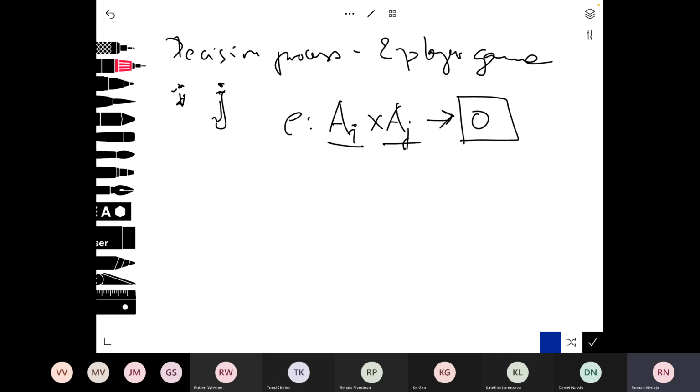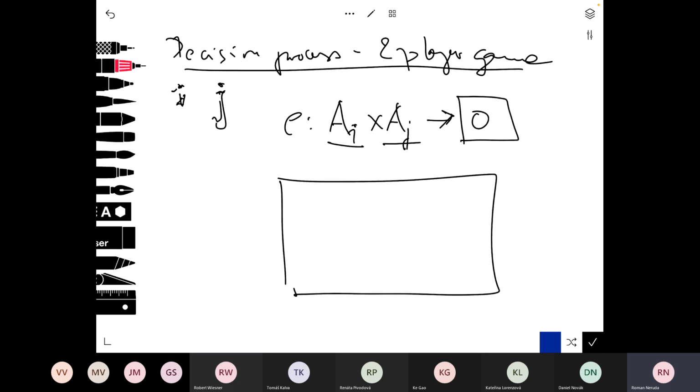So we usually have the description of those games in the form of a table where we have the I agent here, the J agent here.